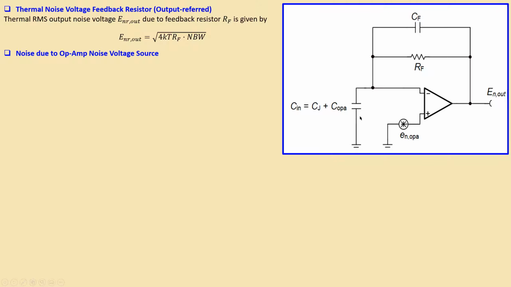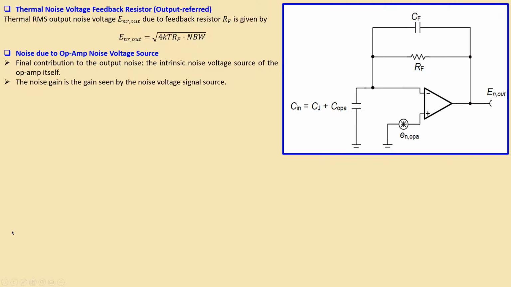You also use the input capacitors, which is the junction capacitor and the op-amp capacitor together, which is then Cin, and you have also the RF and the CF. Now the final contribution to the output noise is the intrinsic noise voltage source of the op-amp itself. The noise gain is, by definition, the gain seen from the non-inverting input to the output.